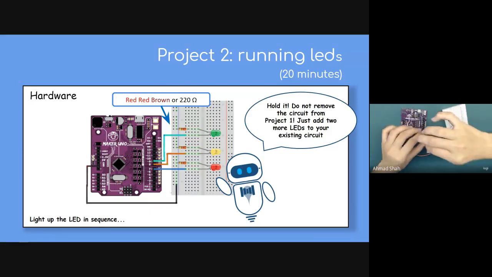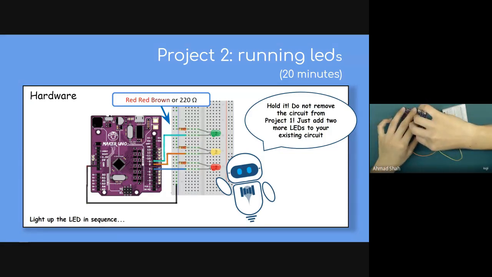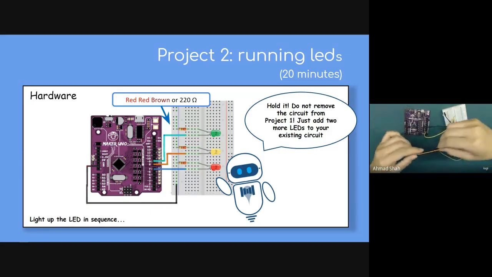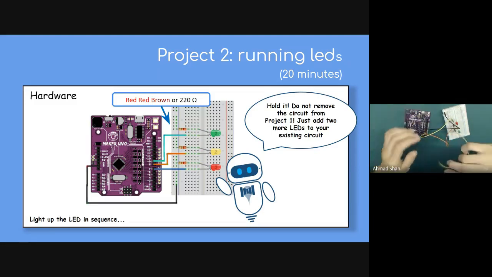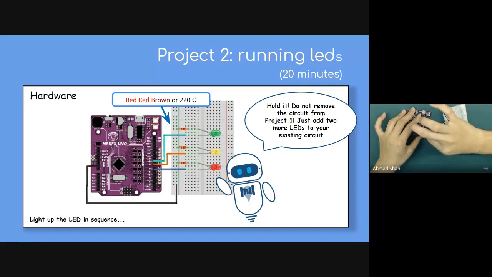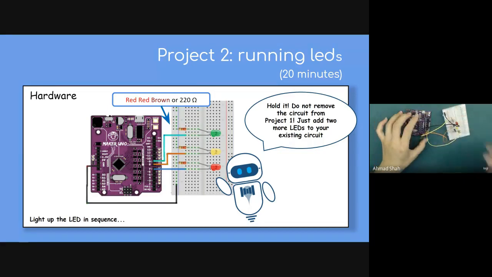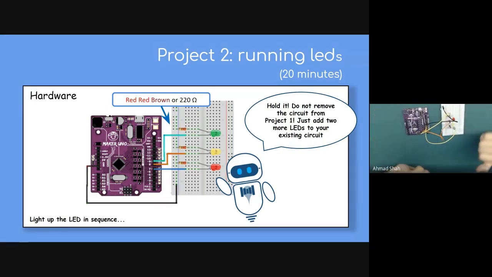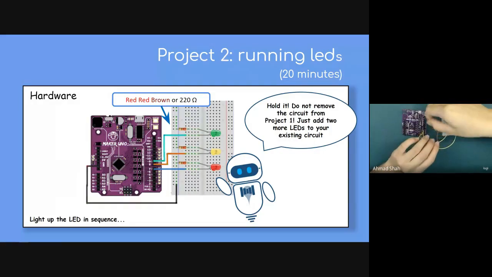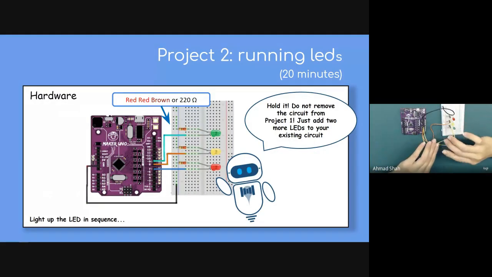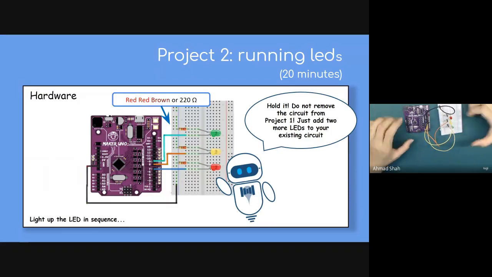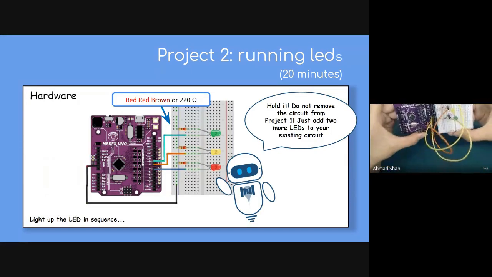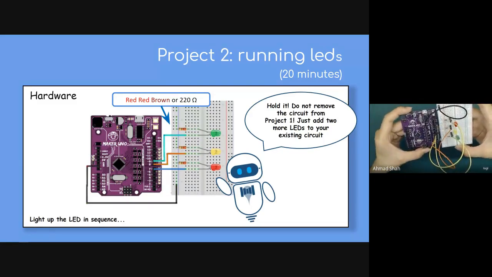So red will go to 7, yellow will go to 8, and green will go to 9. Mine is crossing all over, but it's okay. We'll give you guys 30 seconds to complete.